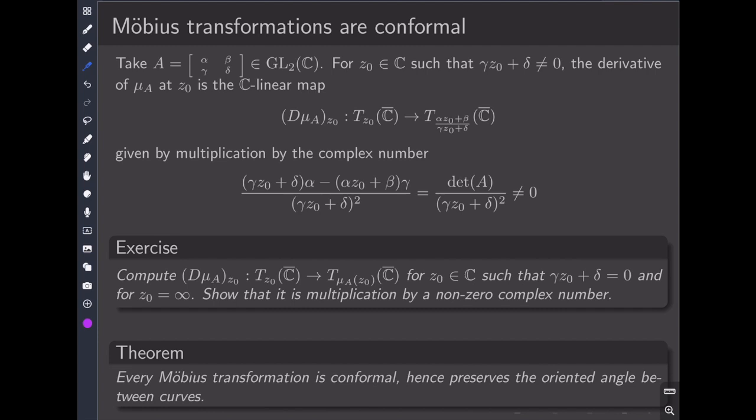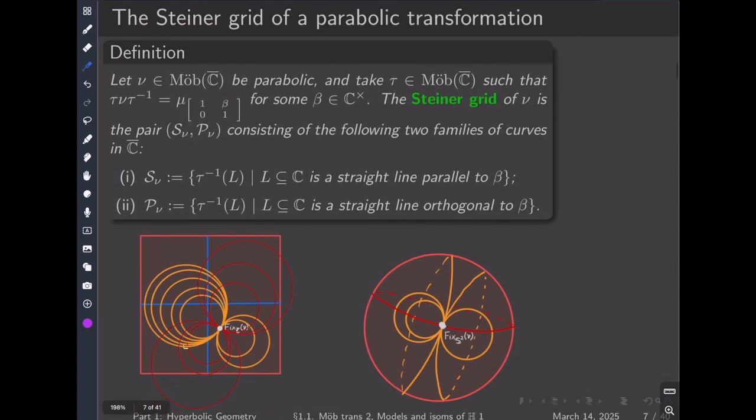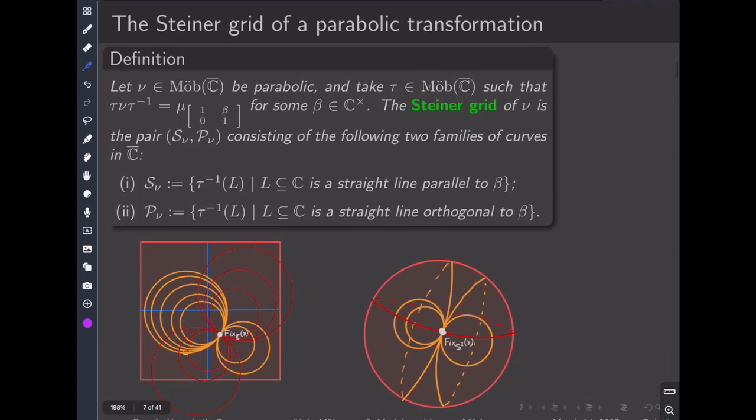Anyway, since they are conformal, they preserve oriented angles between curves, let's say curves of class C infinity, just to be on the safe side. And this I'm going to use to define a degenerate Steiner grid for parabolic transformations.